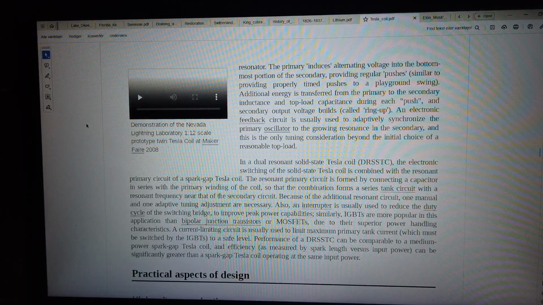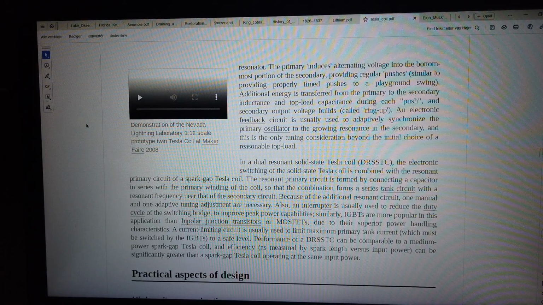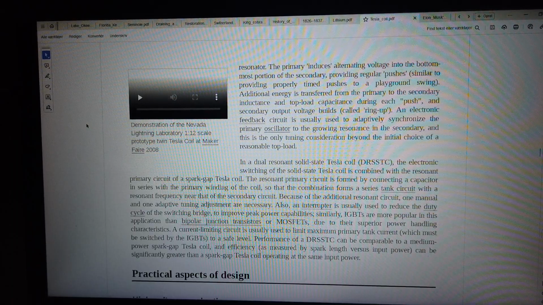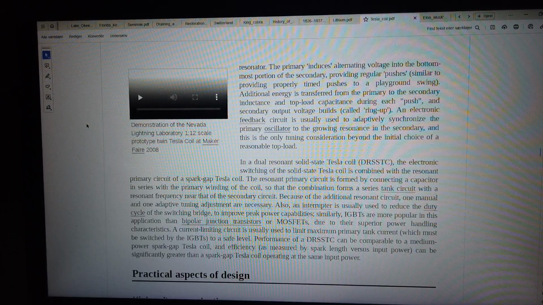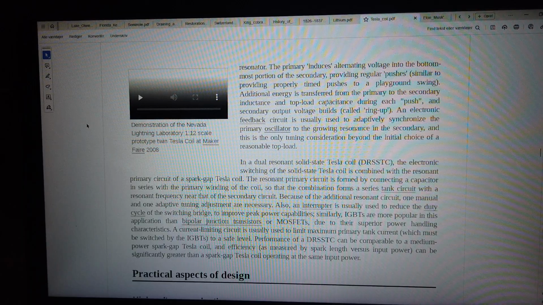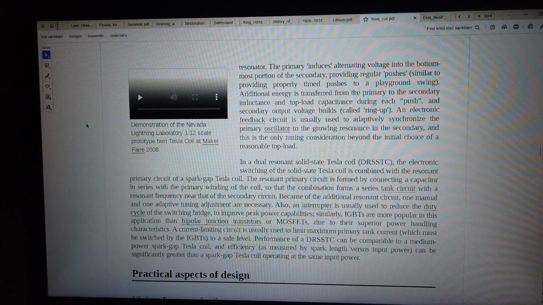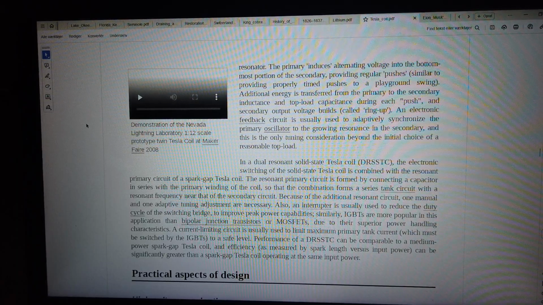Additional energy is transferred from the primary to the secondary inductance and top-load capacitance during each push, and secondary output voltage builds, called ring-up. An electronic feedback circuit is usually used to adaptively synchronize the primary oscillator to the growing resonance in the secondary, and this is the only tuning consideration beyond the initial choice of variable top-load.